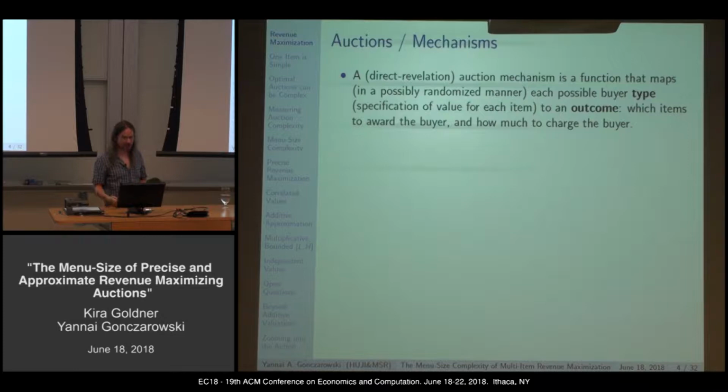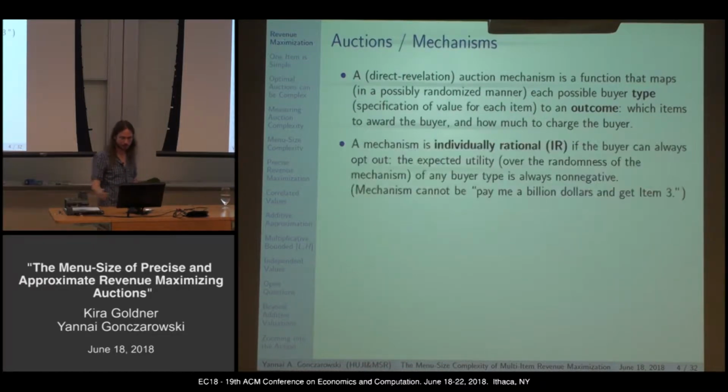And a mechanism is a function from a buyer type into an outcome. Outcome means which items the buyer gets, maybe pen yes, clicker no, and how much the buyer is going to pay, I don't know, $3.50. And remember, it's a randomized function. So it could be, with 50% probability, pen yes, clicker no; with 20% probability, clicker yes, pen no; and randomized payments, etc.